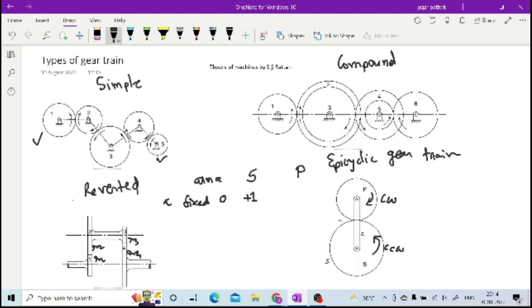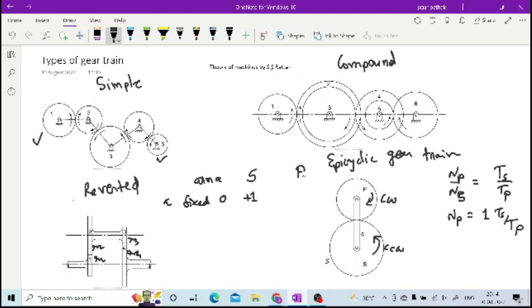If S is moving counterclockwise, then P will move clockwise. So if S has +1 revolution, what happens to the speed of P? You have ns by np, or we can directly write np by ns is equal to ts by tp. Here you have assumed ns as 1, so if you find np, then it is 1 into ts by tp.